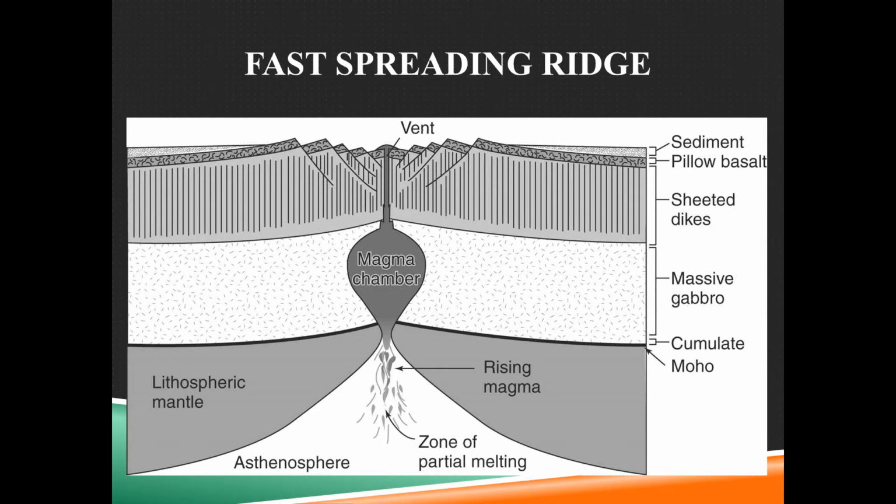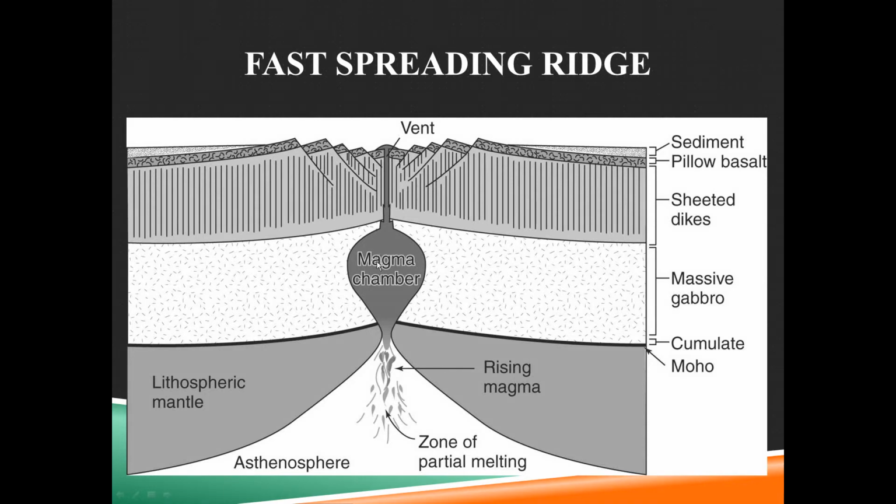So here's a fast spreading ridge. We've got the rock moving out from the center, the magma chamber here. The buoyancy of this magma chamber is going to push this center upward as things are thinning.